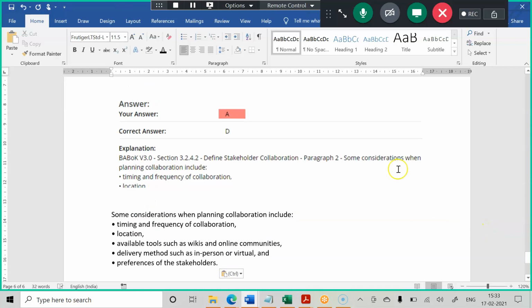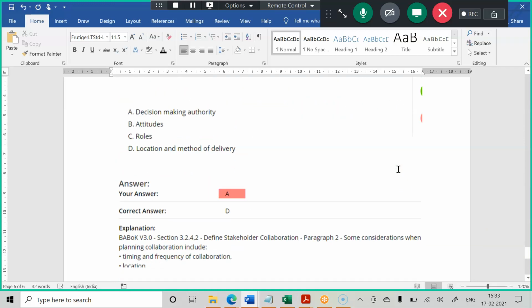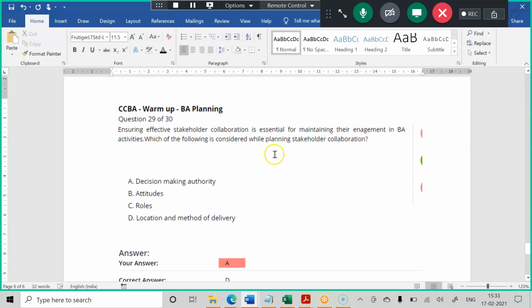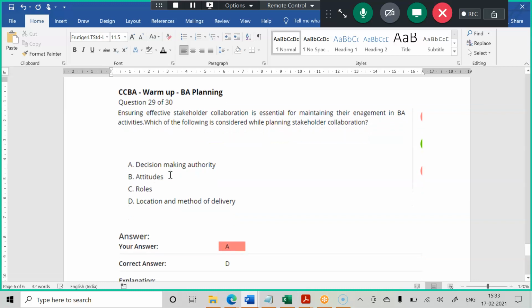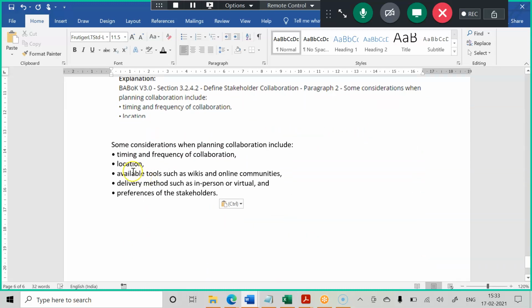You are basically looking at the collaboration part alone. At the initial phase, you may identify attitudes, roles, decision making authority, etc. But when you get into the stakeholder collaboration part of it, you will look at these aspects, timing and frequency.